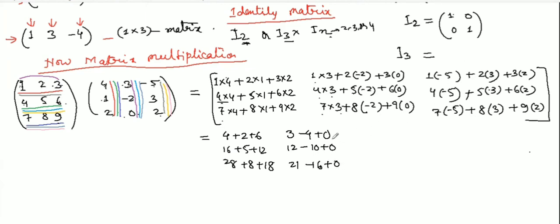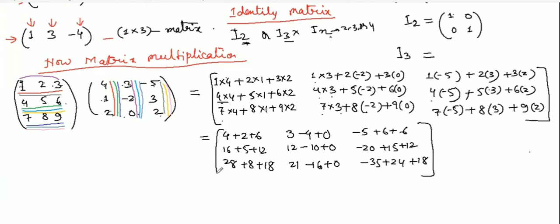Come to the third column: minus 5 plus 6 plus 6, then minus 20 plus 15 plus 12, then minus 35 plus 24 plus 18.